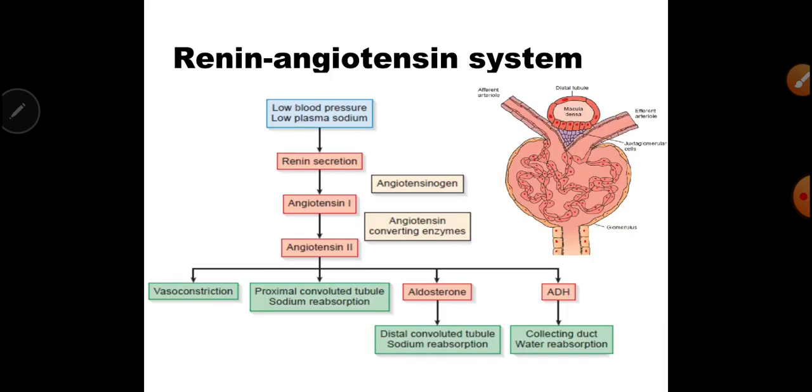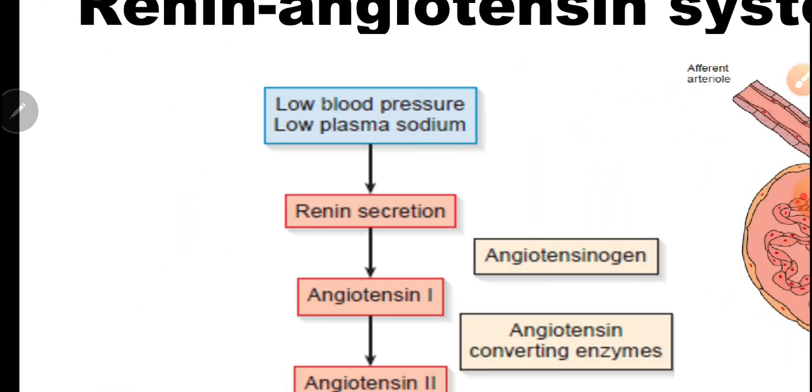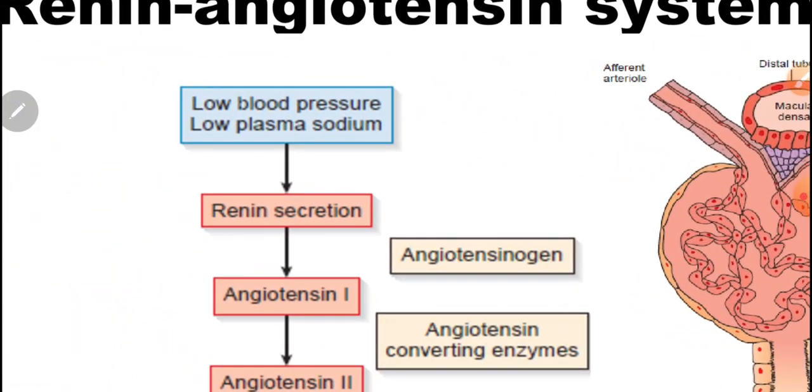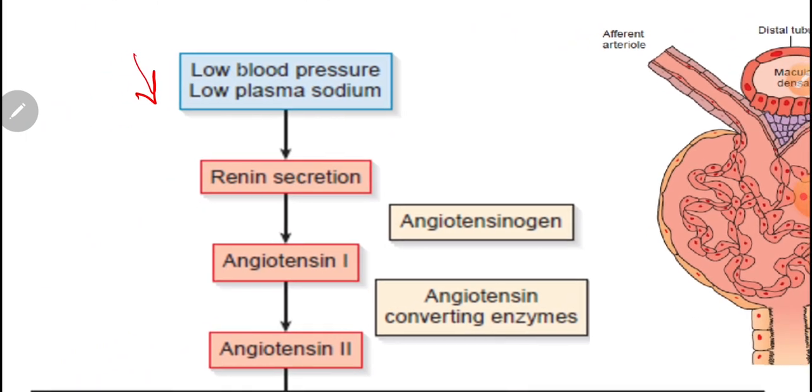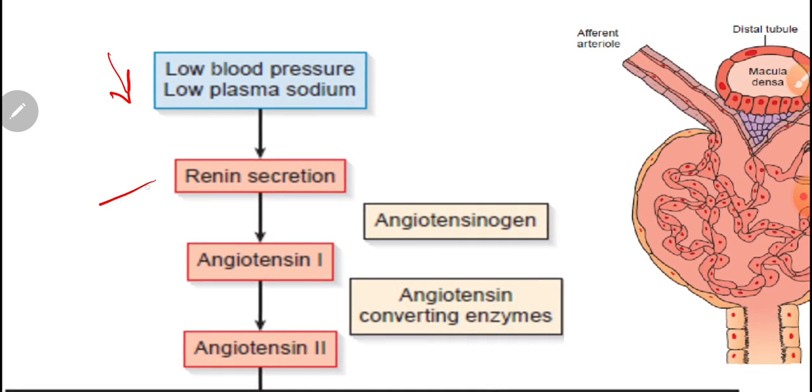We have the renin-angiotensin system as an important system to control the blood pressure. This system will prevent the decrease in the blood flow through the nephrons. So if there's a decrease in the blood flow, there's low blood pressure, low plasma pressure. This will stimulate the production of a specialized enzyme called renin.